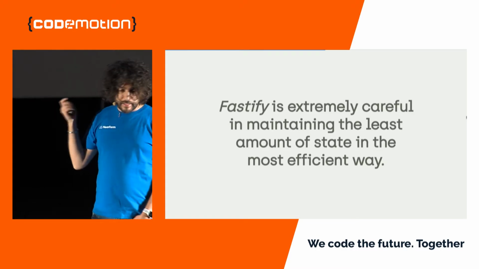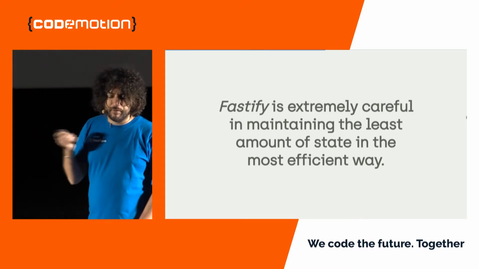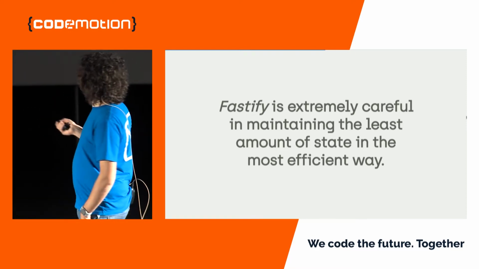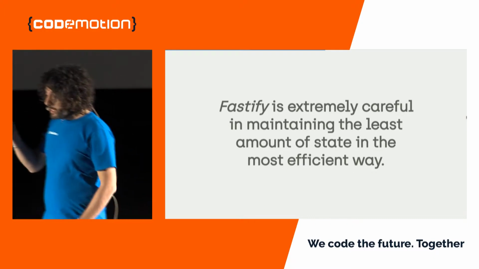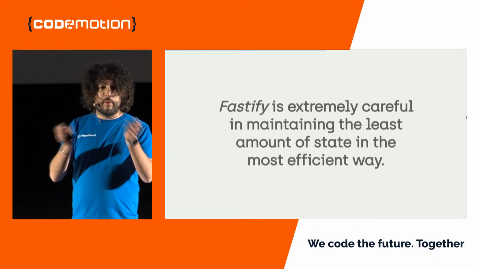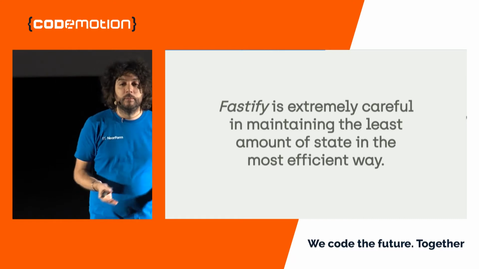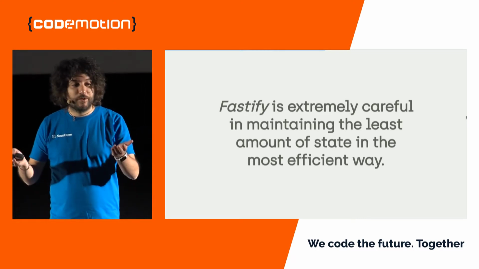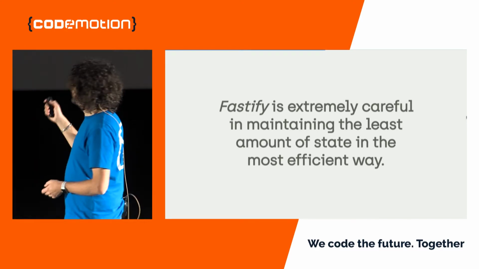One of the key underpinnings of Fastify is that we have managed our state so well to, in fact, maintain the minimum amount of state that we need at every given time. So basically, we let a lot of things be garbage collected as soon as possible, which is actually very, very good.